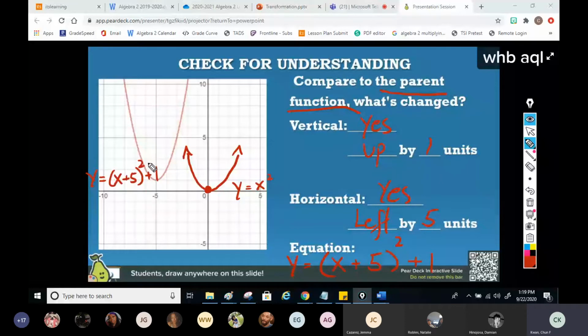That's why we have a plus 1. So if you look at the new one and the original one, you will see the change is right here and right here. In the original, there's no number. But the new one is shifted 5 units to the left, 1 unit up.